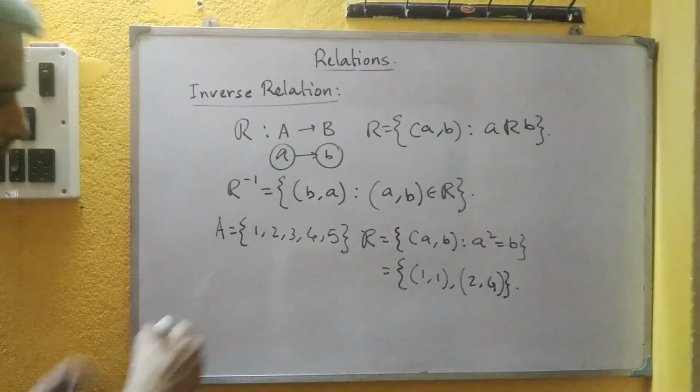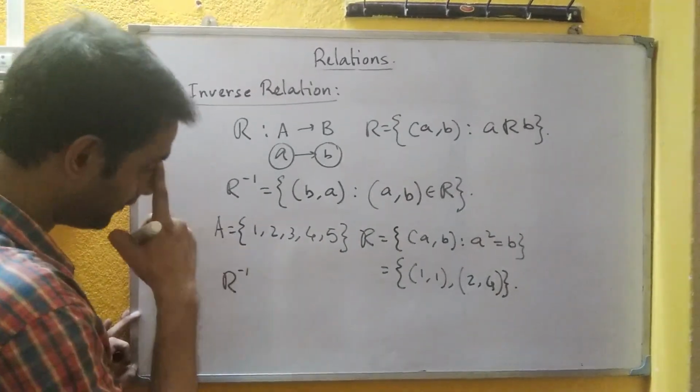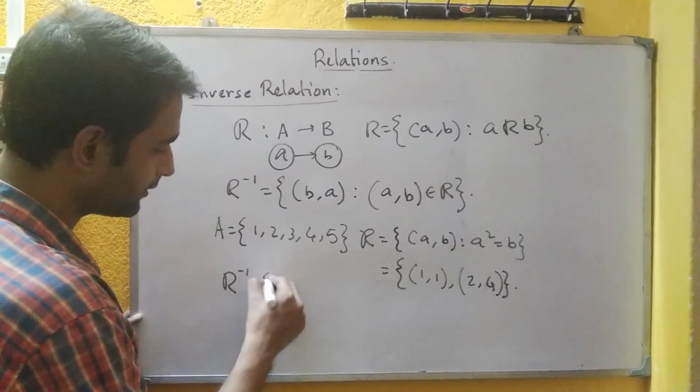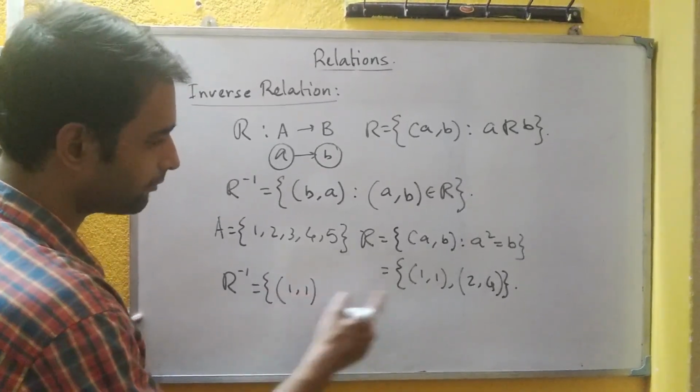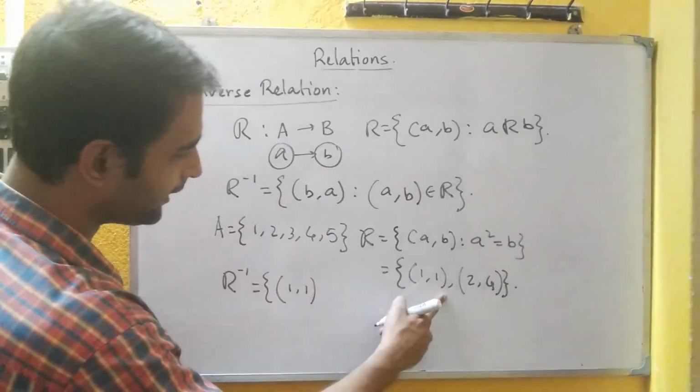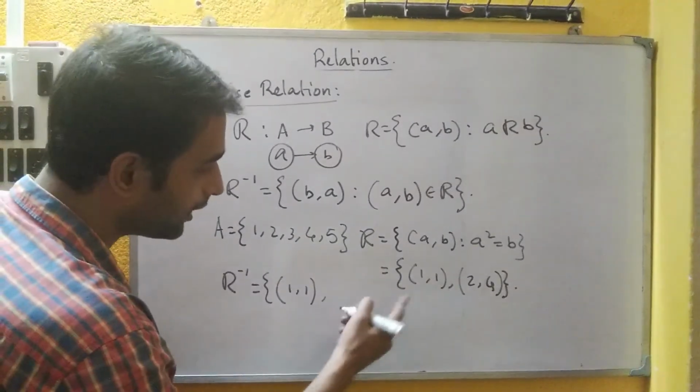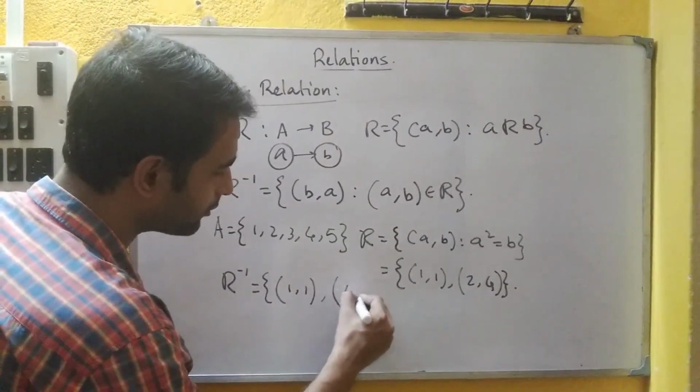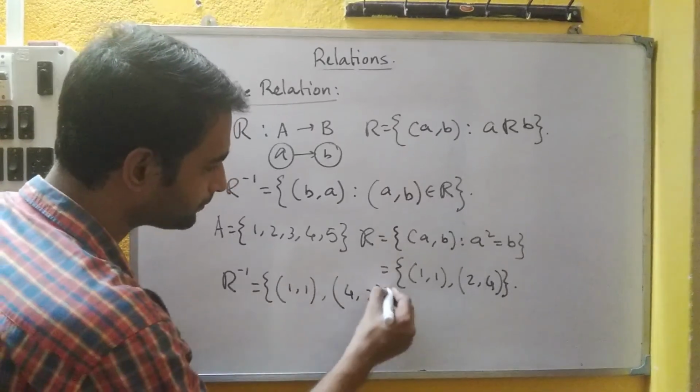So then the inverse relation here is 1, 1 itself, because if you change the order, it is remaining the same. And for the second element, it should be 4, 2.